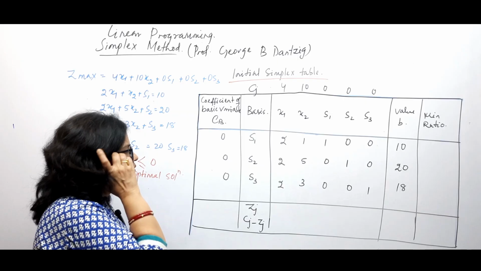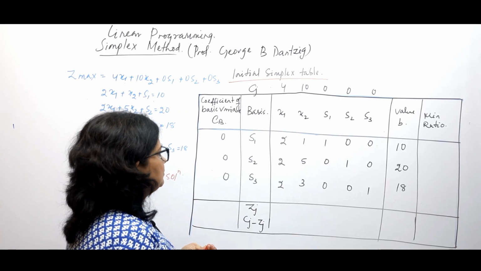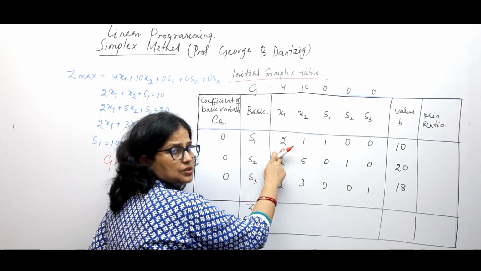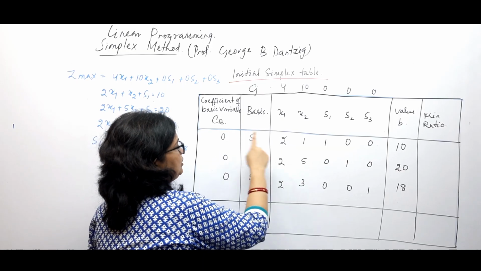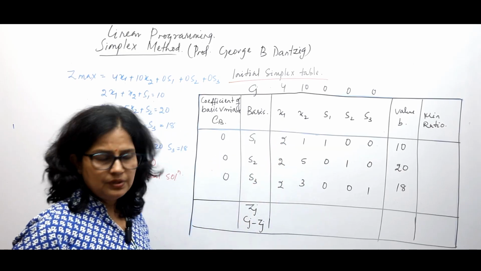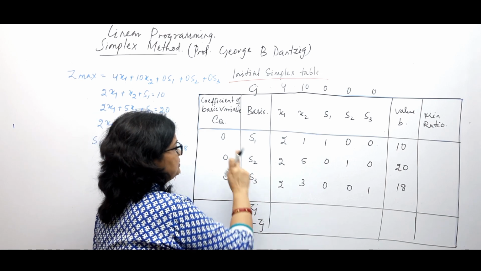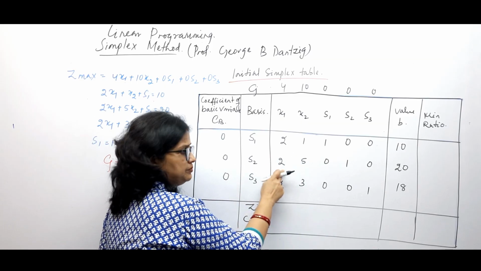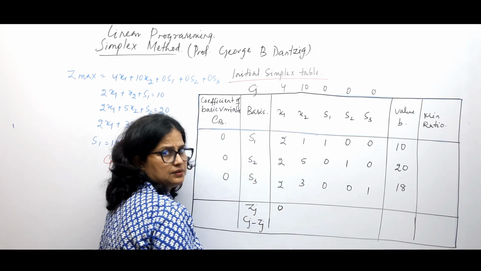This is in matrix form, so how do we calculate it? Zj is Cb into x1: 0 into 2 plus 0 into 2 plus 0 into 2, so we have 0 here.